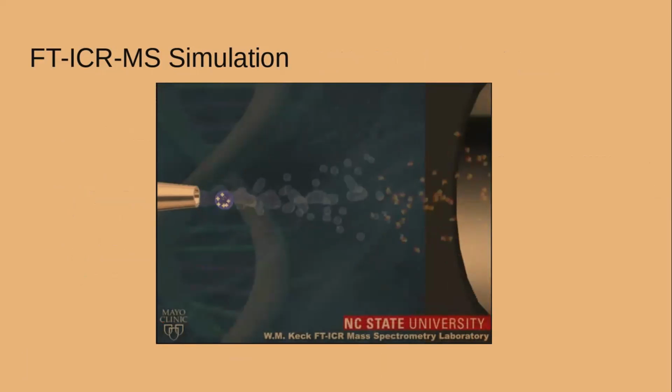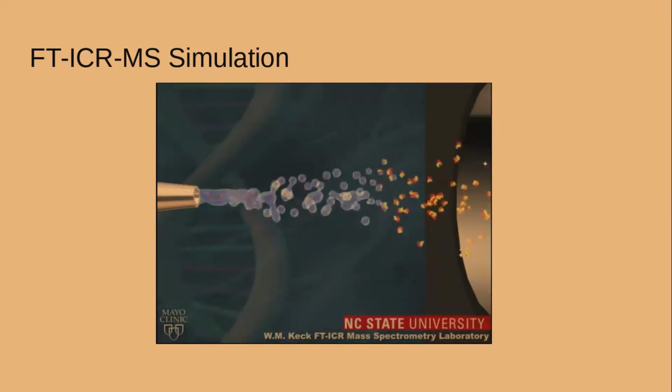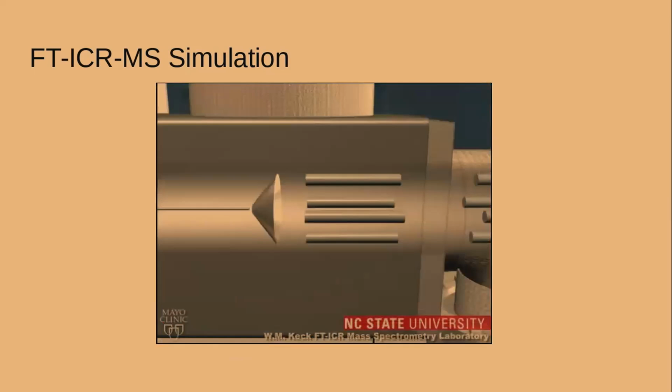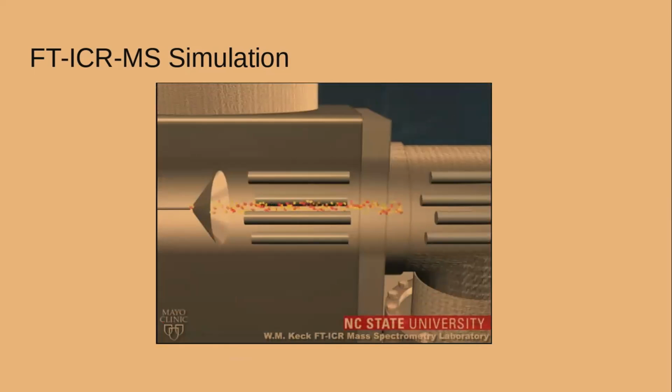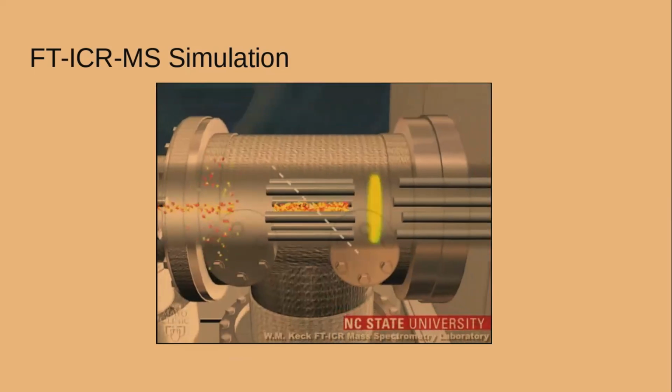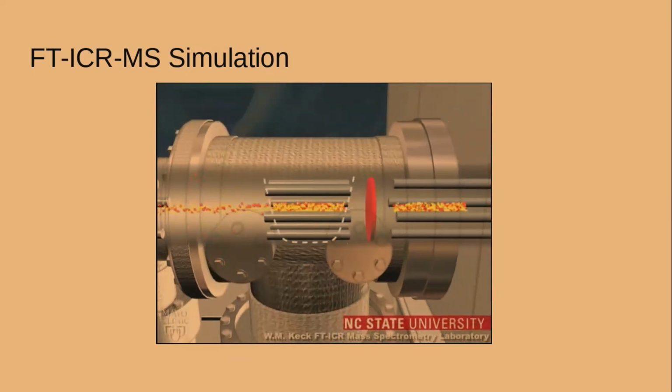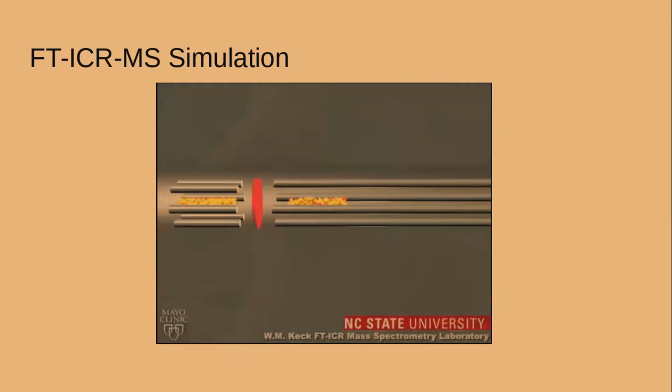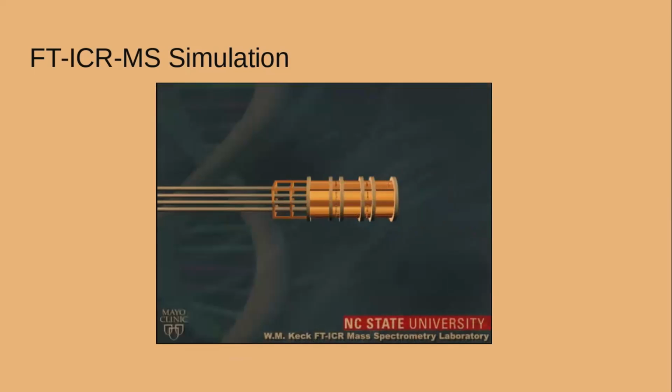So you can see there, you have the sample that gets broken up into the different ions. And they don't go really into the pumping stages, or a lot of depth there, but really just the ions are being focused down and being sent to the superconducting magnet.